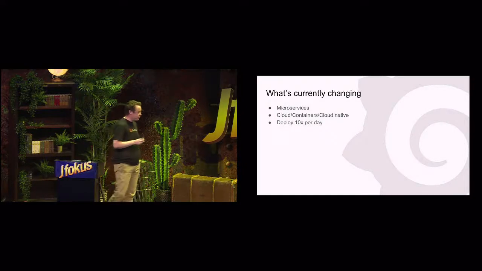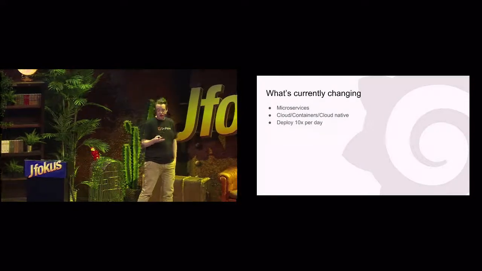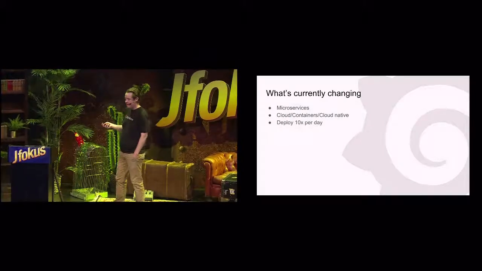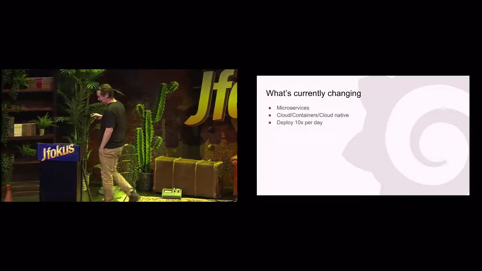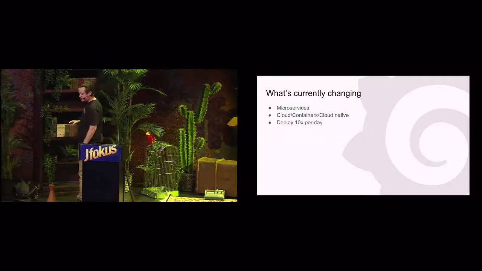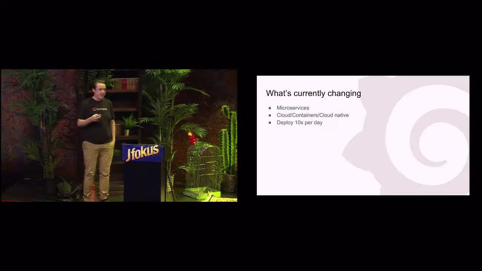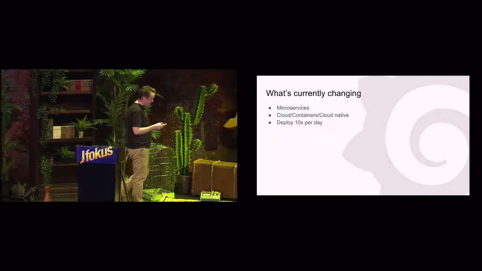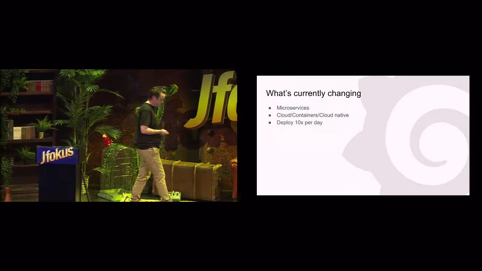We also decided to start deploying a lot, like 10 times a day per service maybe. And then we also decided to enable feature flags. And let's say you have 10 feature flags per service, and 100 services.